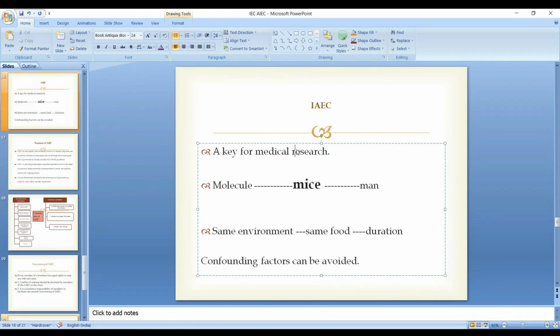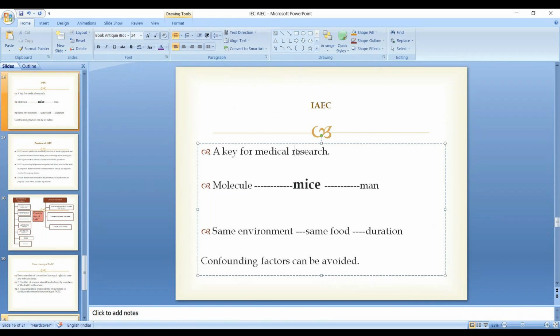But in allopathy, in modern science, they are deriving new molecules. Whenever they derive a new molecule, it has to be tested on mice. It is a general pharmacology approach: lab to mice to man. The molecule is derived in the laboratory, then it has to be tested on mice. Mice is a representative of the animals, and then it is applied in the human being.